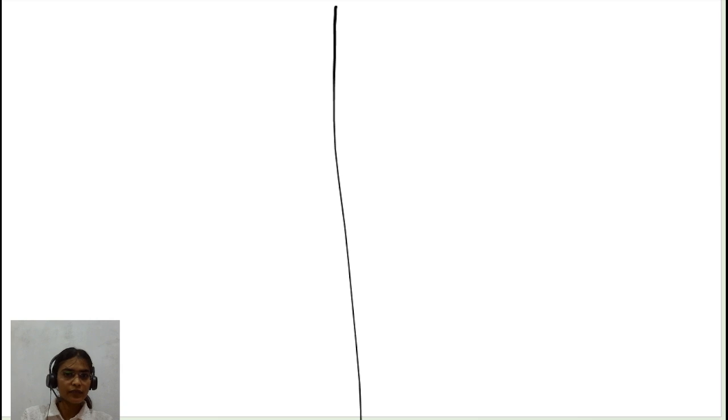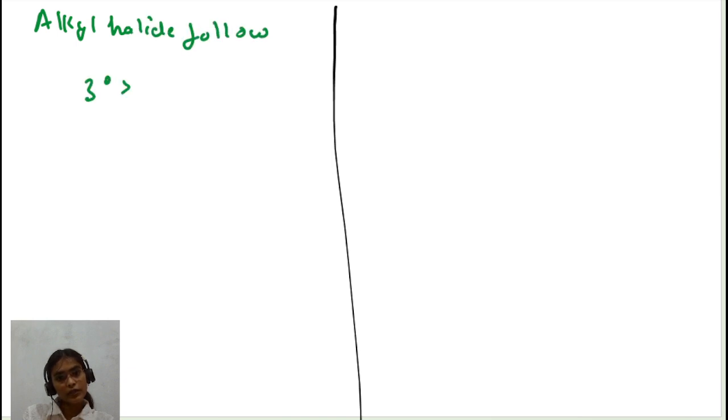Let's move further. Same as before, this side SN1 and that side SN2. Next is the alkyl halide order. SN1 follows the order tertiary, secondary, and primary. On the other hand, on this side we follow primary, secondary, and tertiary.